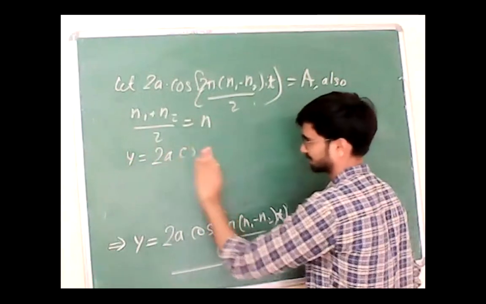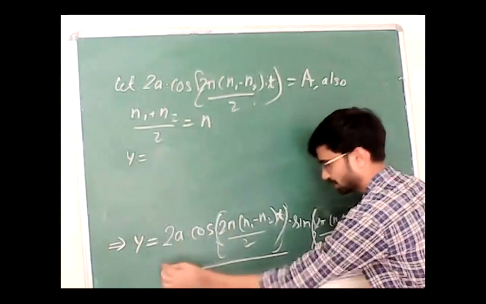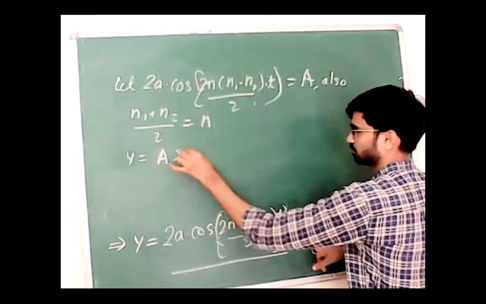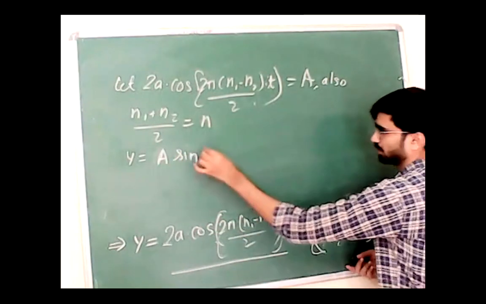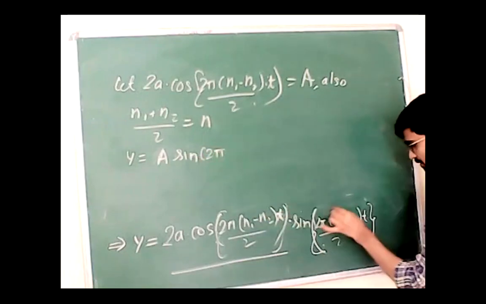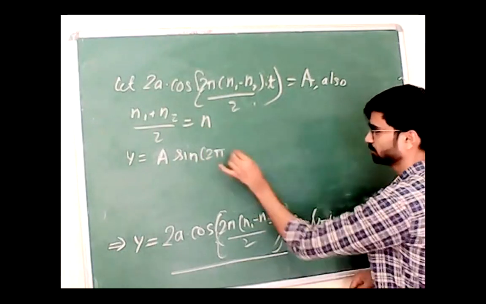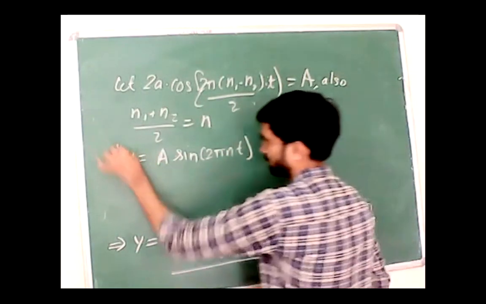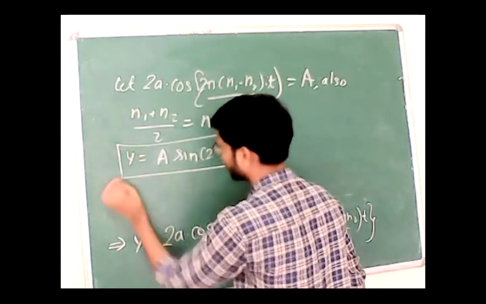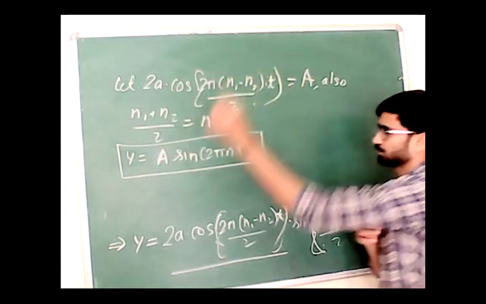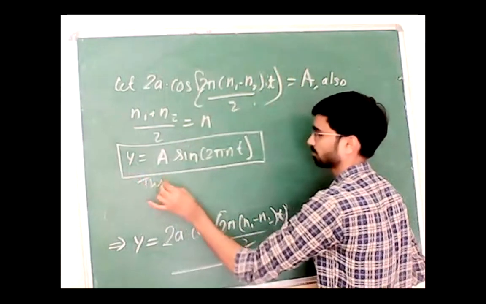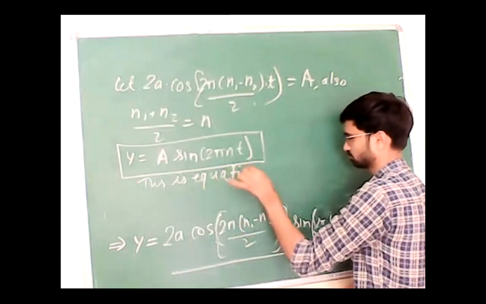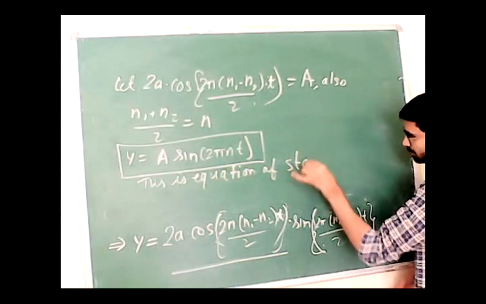Okay, so if I substitute this value in this equation, I will get y equal to A sin 2 pi n into t, where this whole term is substituted as A and small n. Okay, so if you see this equation, this is the equation of a stationary wave.